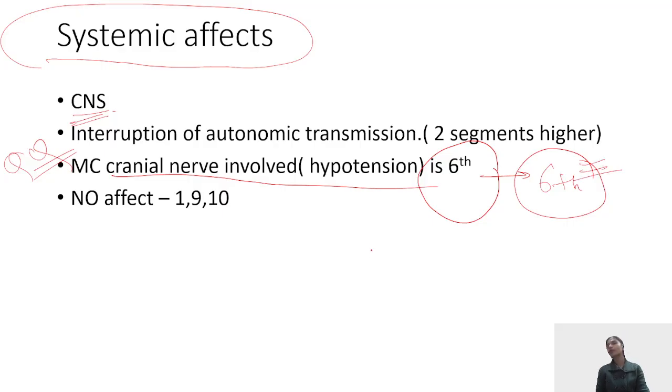And the cranial nerves which are not affected are 1, 9, 10. That is your vagus. If you see very carefully, vagus is not affected. That is, sympathetic block occurs, but parasympathetic block is a bit preserved. Please be very careful. Parasympathetic block is preserved to an extent, whereas there is complete sympathetic blockade. Done?